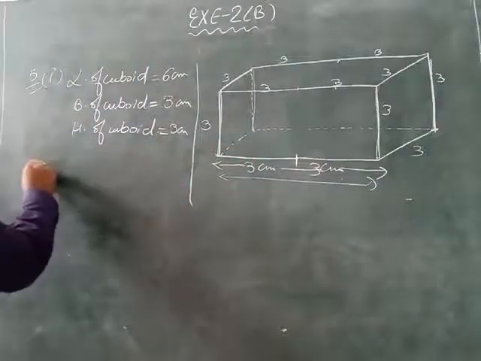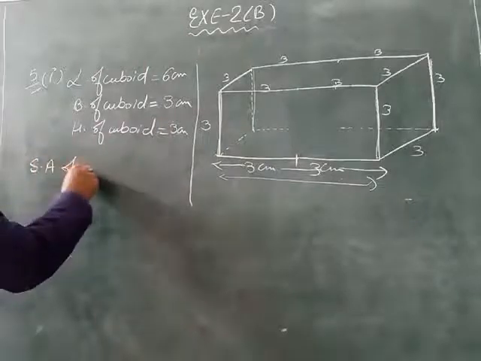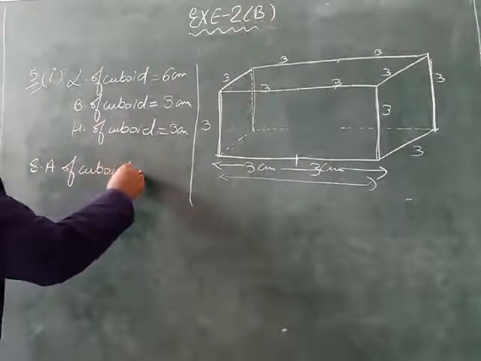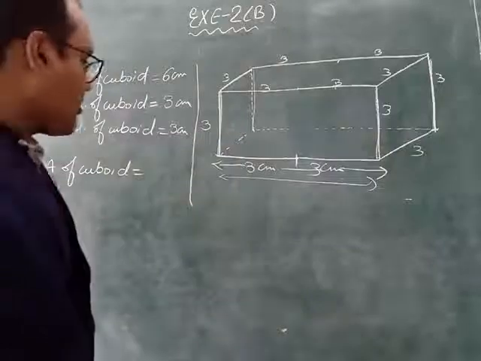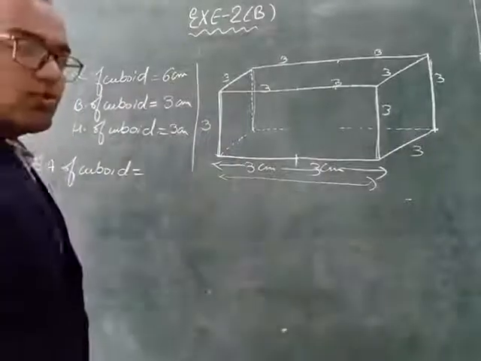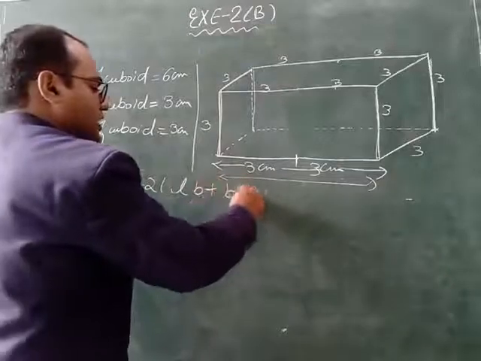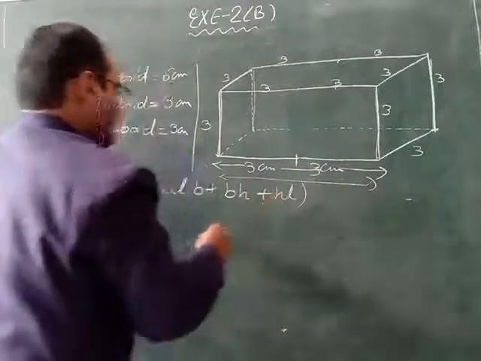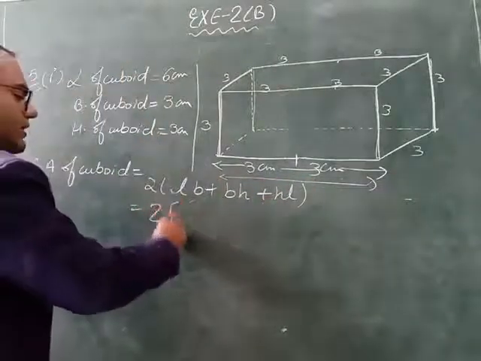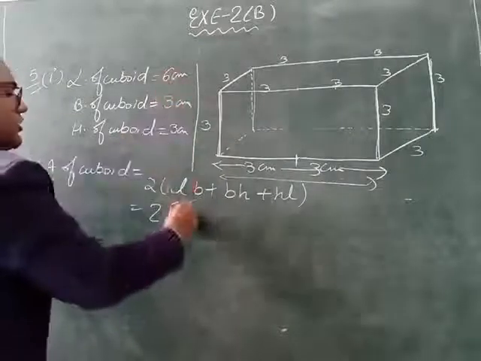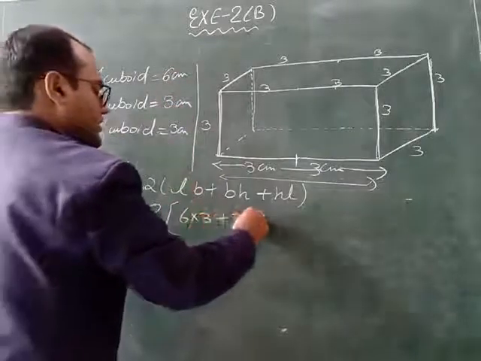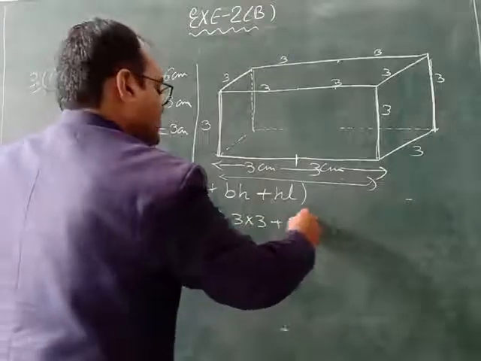So surface area of cuboid. The formula for surface area of cuboid is 2 bracket L into B plus B into H plus H into L. So 2 bracket 6 into 3 plus 3 into 3 plus 3 into 6.